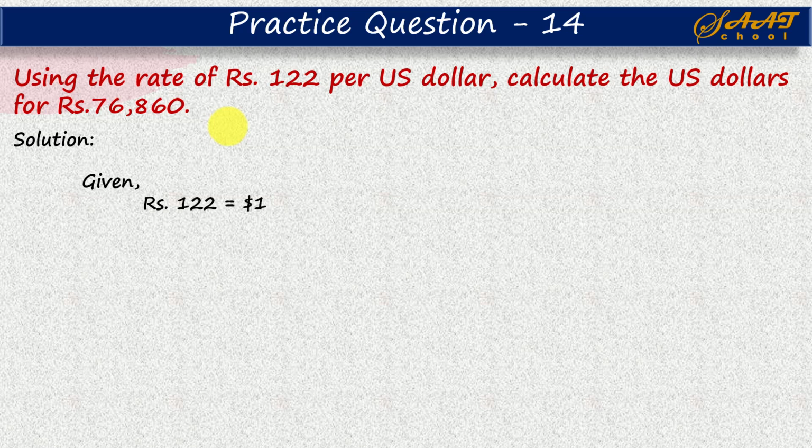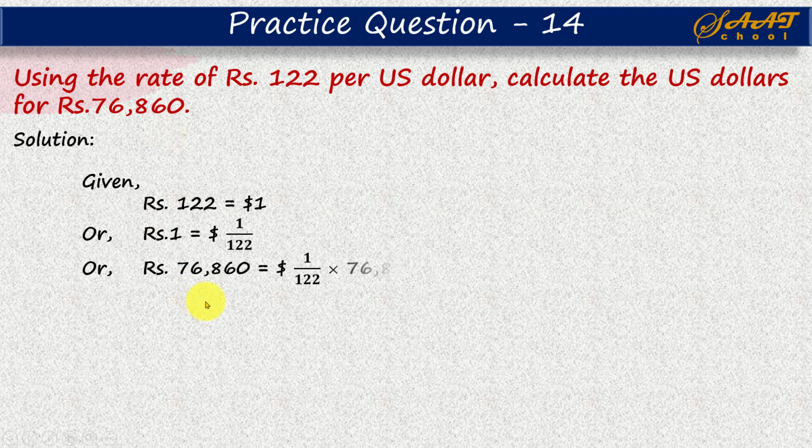Now you can change that, simply 1 Rs equals 1 by 122 dollars. Now here you have to find for Rs 76,860. That means Rs 76,860 equals 76,860 divided by 122, which equals 630.